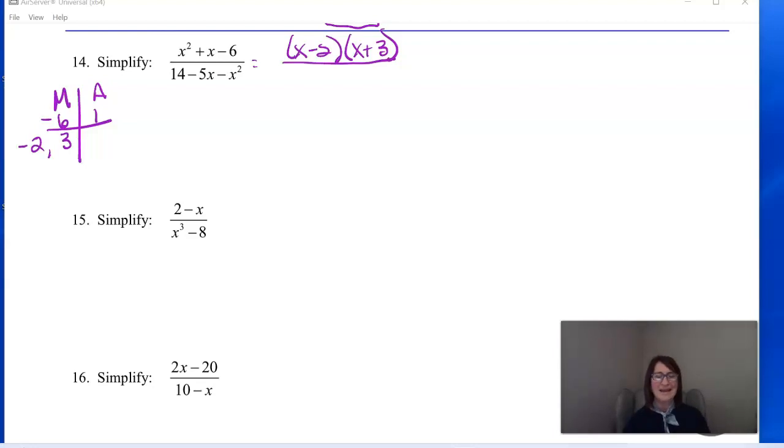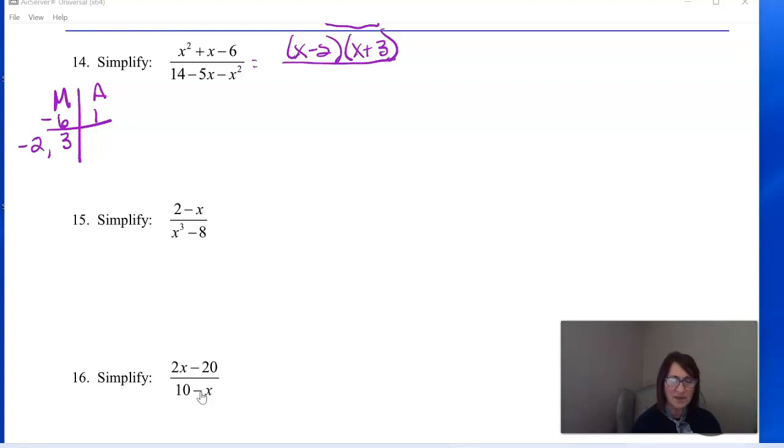There we go. In the denominator, see how my x squared is right over here? It's furthest to the right. Well, we're going to leave it there. When we are factoring, our x is going to be on the right in each binomial instead of the left. So I'm looking for what can I multiply that gives me 14 but adds to a negative 5?